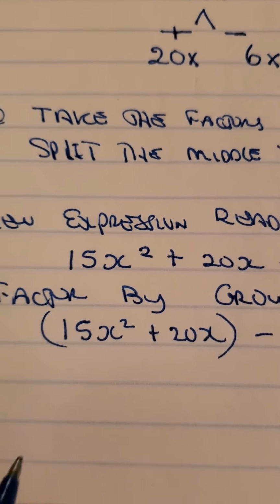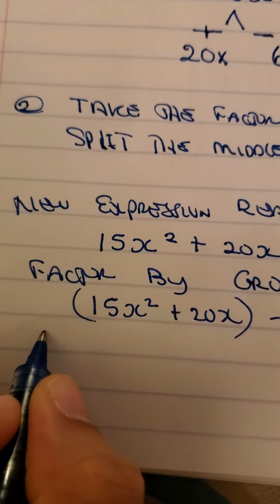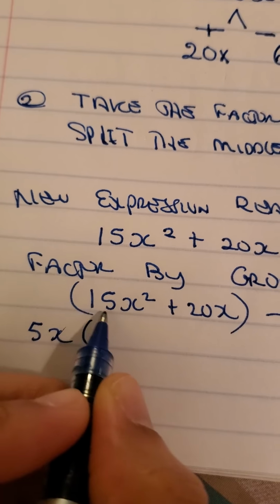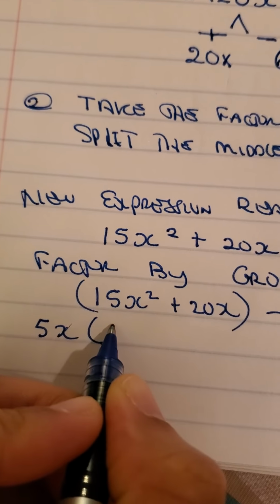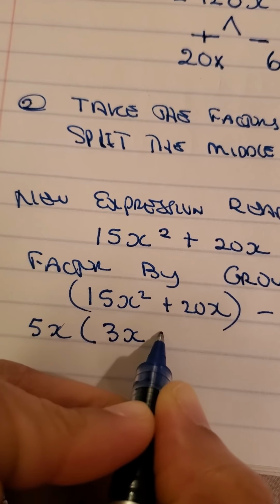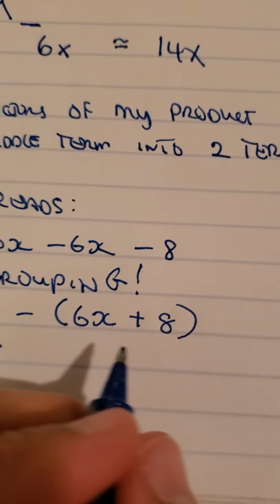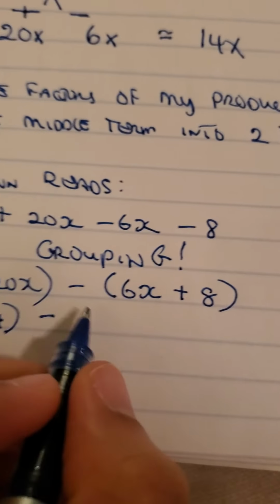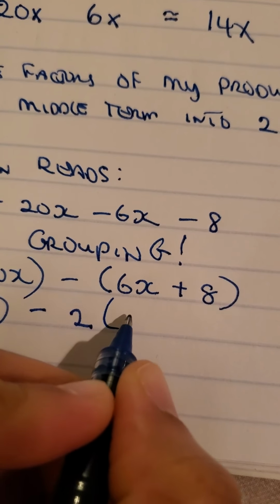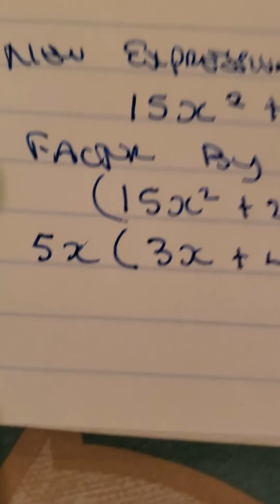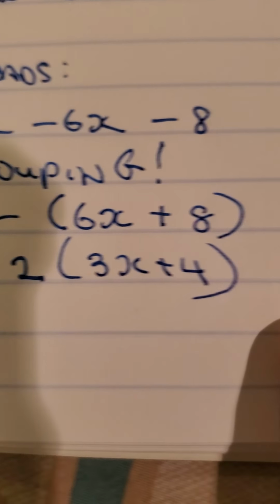So what's common between these two? 5x. And what's my remaining factor? My GCF for this group is 5x, and my remaining factor is 3x plus 4. And my GCF between 6x and 8 is 2, and my remaining factor is 3x plus 4. Again, refer to your video so you know how I got my remaining factor.